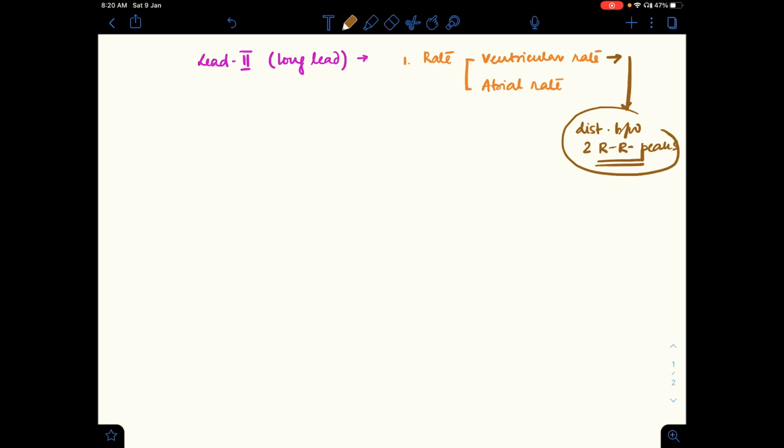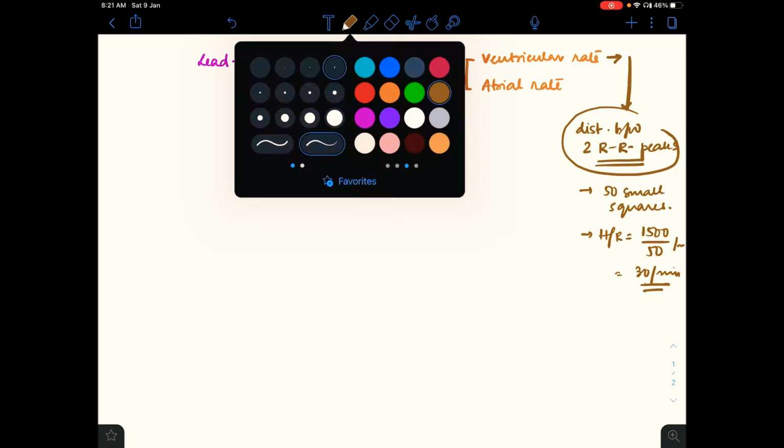Let's say the distance comes as 50 small squares. So the heart rate will become 1500 by 50 per minute, which means 30 per minute. It's just an example.